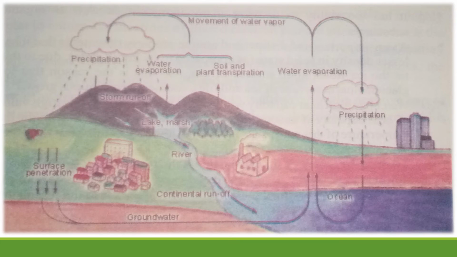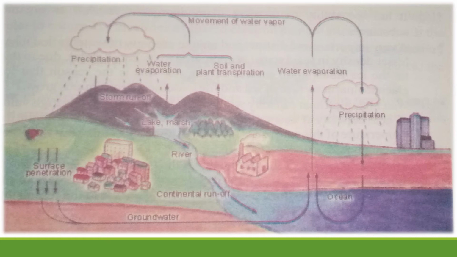In this diagram you can see there is the ocean. From the ocean, water goes out in the form of evaporation. This evaporation goes to precipitation in the clouds, and again comes in the form of rain to the ocean. Here you can see a small water cycle.